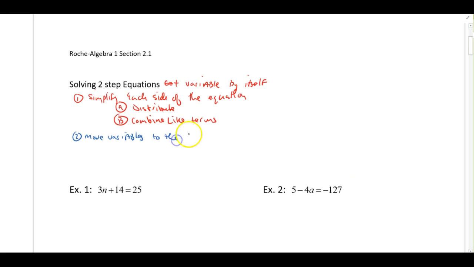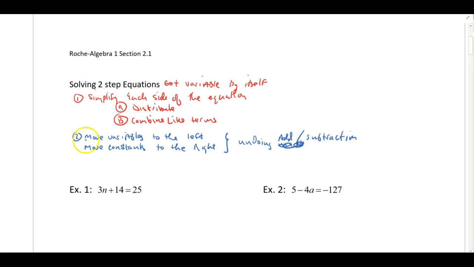Okay? Now, once we do that, then our goal is to move the variables to the left, and then move any constant to the right side of the equal sign. And this is by undoing addition or subtraction.